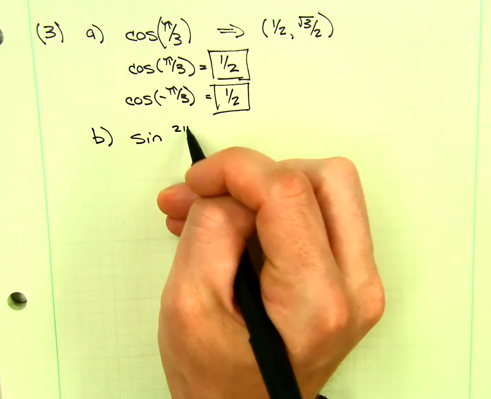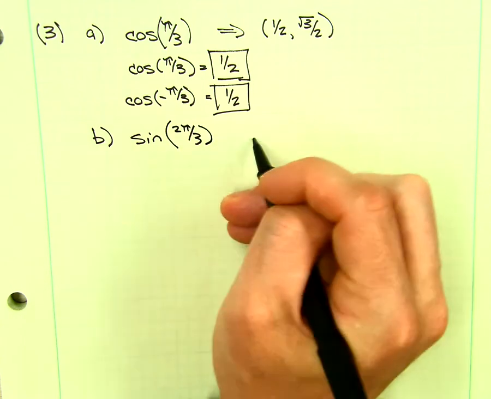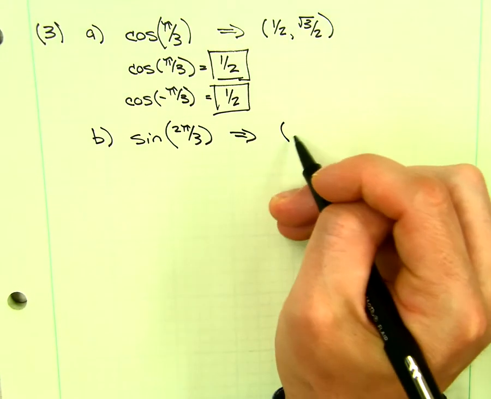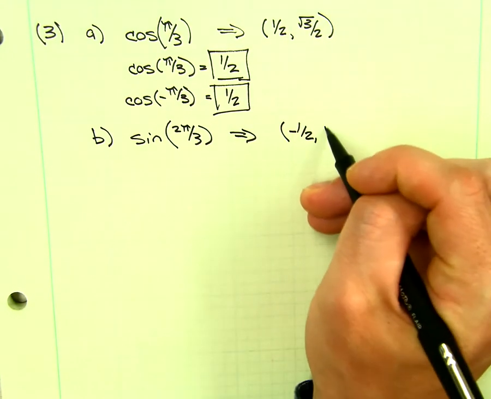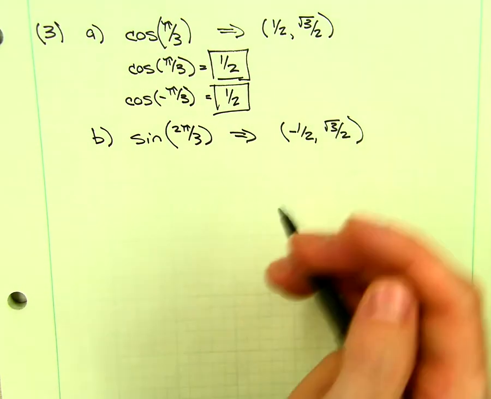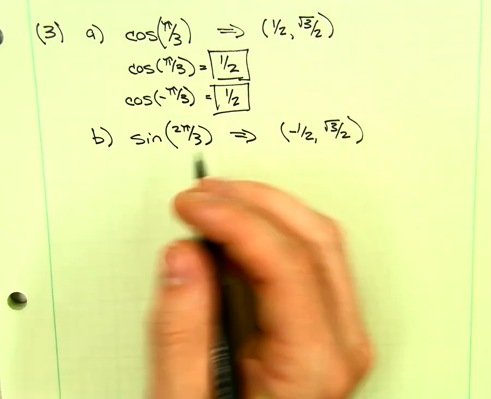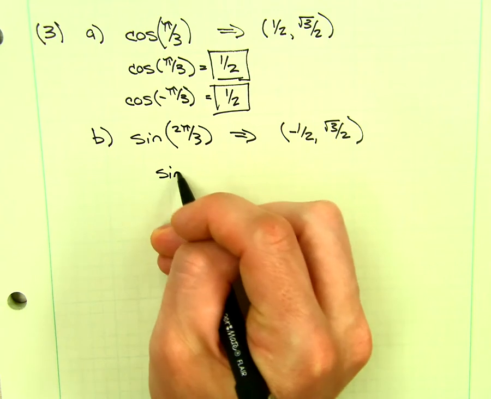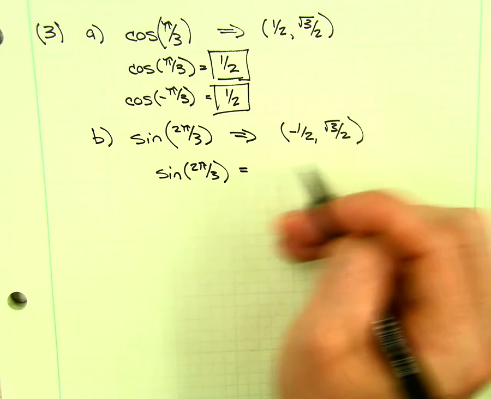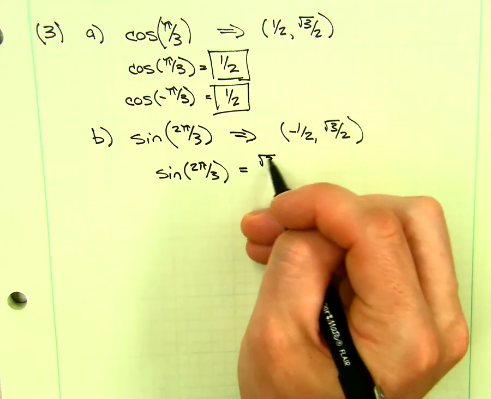So let's do the sine of 2 pi over 3. Once again, from our previous example, or on your unit circle, you know that this is associated with negative 1/2, root 3 over 2, the point on the unit circle. And so once again, we're going to look at the y value for the sine. So here we've got the sine of 2 pi over 3 is going to be equal to this y value right here, which is root 3 over 2.